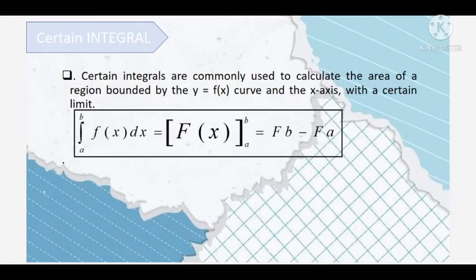Definite integral. Definite integrals are commonly used to calculate the area of a region bounded by the curve y equals f(x) and the x-axis, with a definite limit.